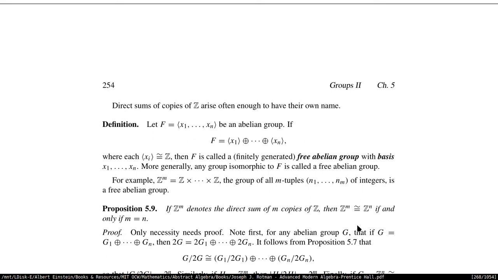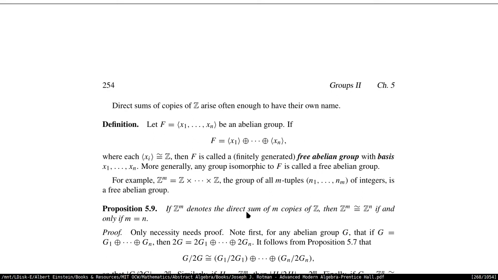So free abelian groups. Let F be an abelian group generated by these generators x1 through xn. You have n generators. Now if F can be written as the direct sum of cyclic groups generated by each of the generators, where of course each of the cyclic groups is going to be isomorphic to the integers, as we've seen before, then this abelian group F is called a finitely generated free abelian group, right?